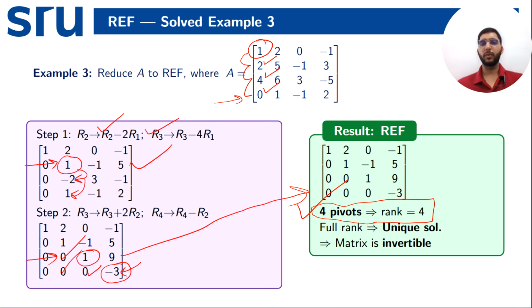Since we have 4 pivots and the order of the matrix is also 4, a square matrix, therefore we have a unique solution for this system, and the matrix is invertible. If for a given matrix we can find the inverse, it is a square matrix only.